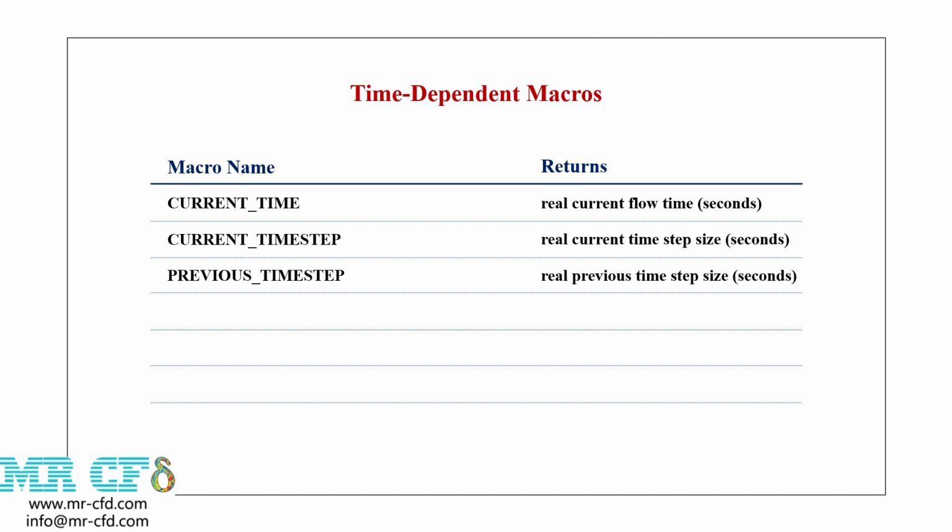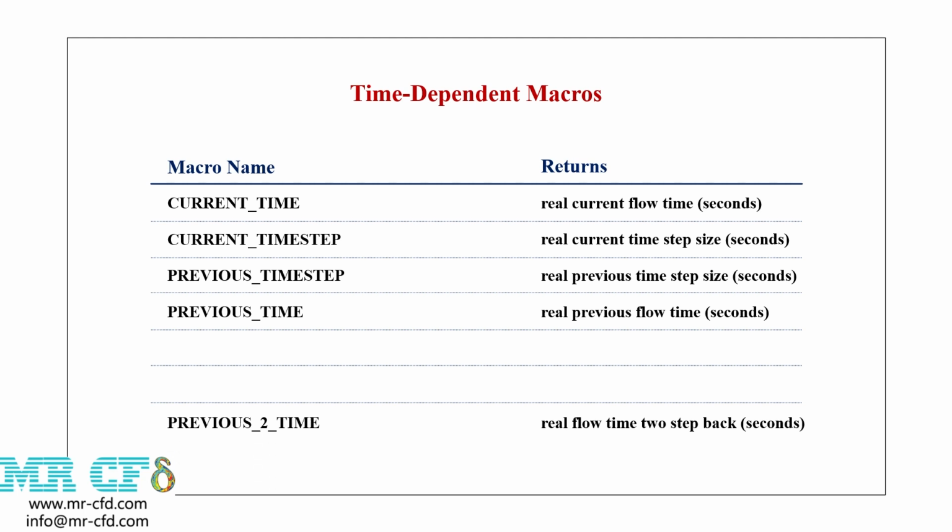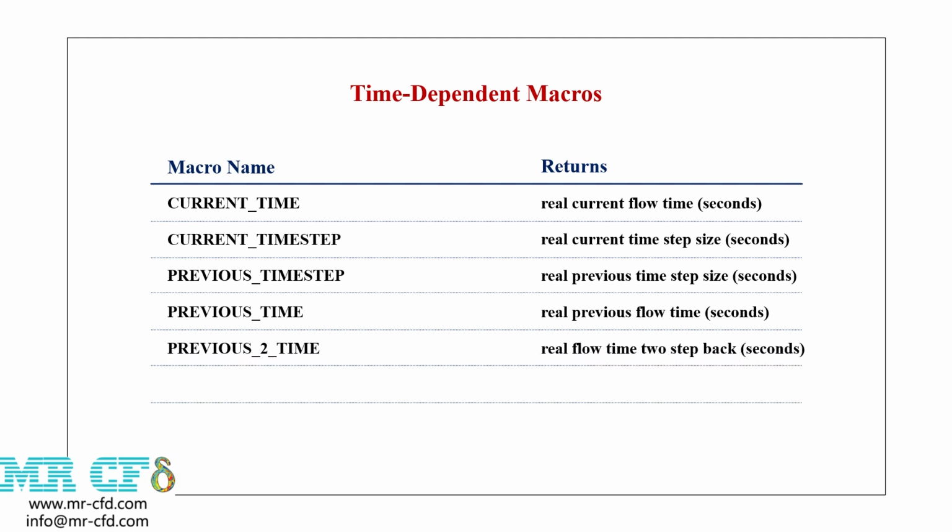The PREVIOUS_TIME and PREVIOUS_2_TIME macros represent the previous time and the time 2 steps ago, respectively. The N_TIME and N_ITER macros represent the number of time steps executed so far and the number of calculational iterations so far, respectively. All times are expressed as real numbers and counts are expressed as integers.